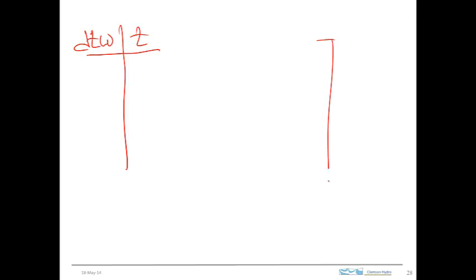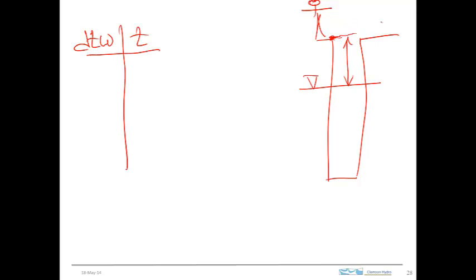So here's the piezometer, and here's the water level, and we're up here measuring depth to water below our mark on the casing. Okay, so that's depth to water.